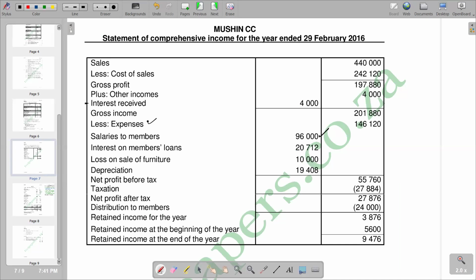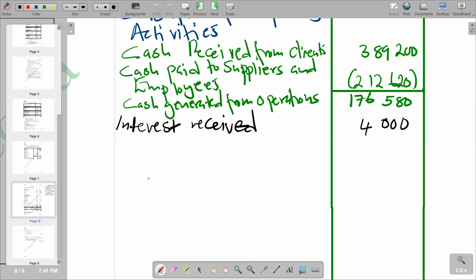We go there and say salary to members. The figure there is 96,000, so we show it as 96,000 as a negative.